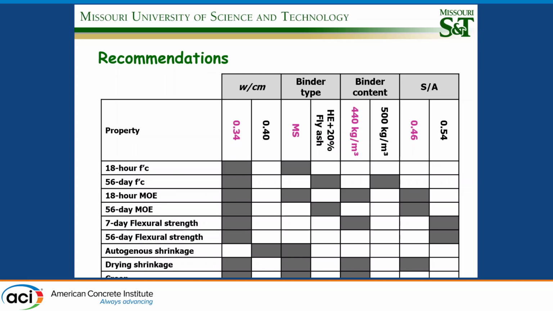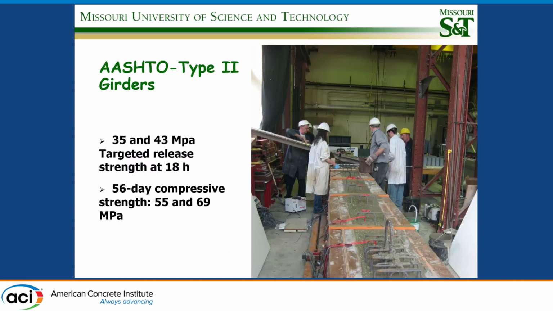So if we again concentrate on the drying shrinkage and creep, you can see that the areas that are highlighted are where you would expect better behavior. And finally, I'm just going to present not the structural performance, but what we measure in terms of shrinkage when we did some girders. So we cast some girders, type 2 girders, AASHTO, in the lab using ready-mix concrete that was delivered.